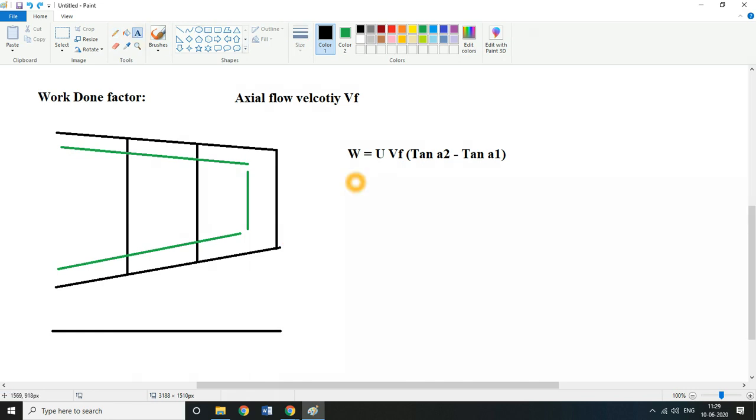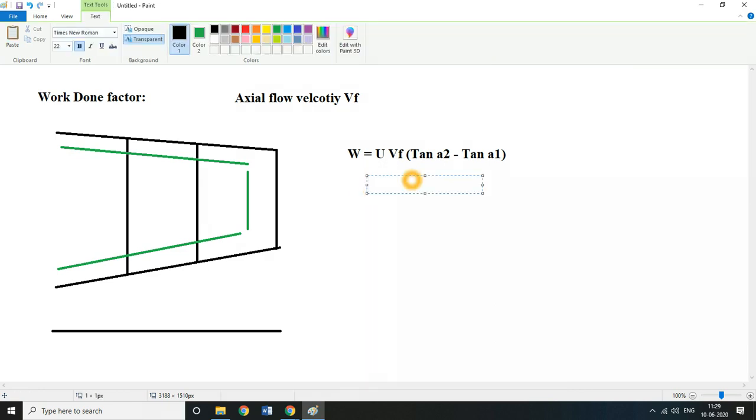So to avoid that factor, we'll just look at the equation. We know alpha 1 and alpha 2 are designed and fixed. Alpha and beta are fixed terms, and U is rotating with constant U because of the common shaft. So the only variable here is Vf. To compensate for this, we add a work done factor called sigma.